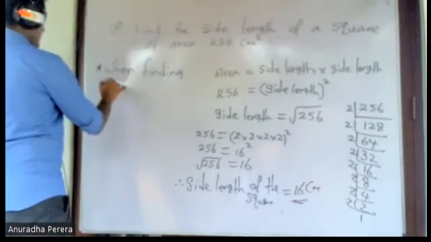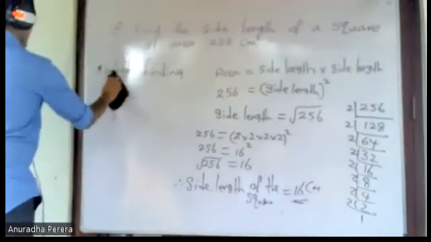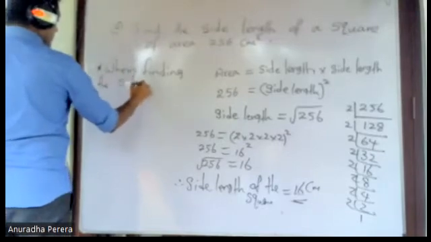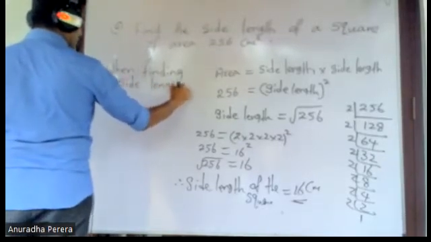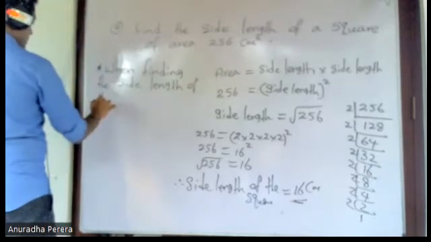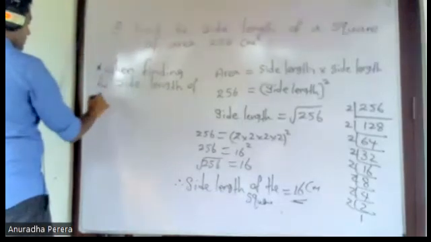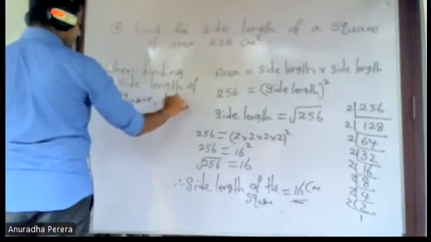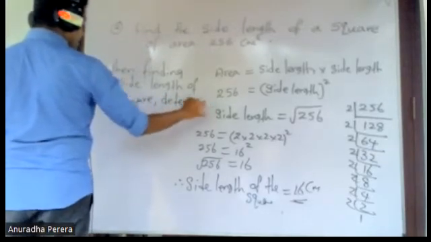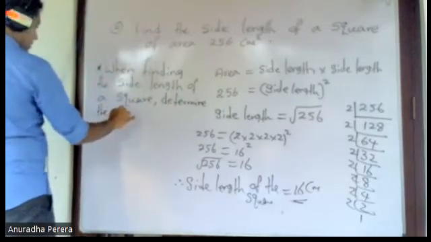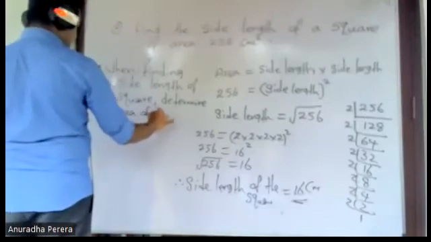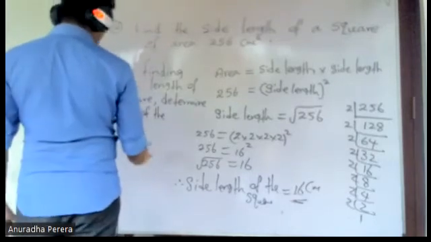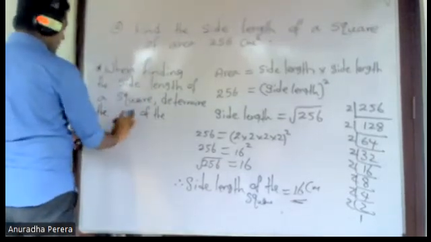When finding the side length of a square, determine the area of the square, determine the square root of the area.